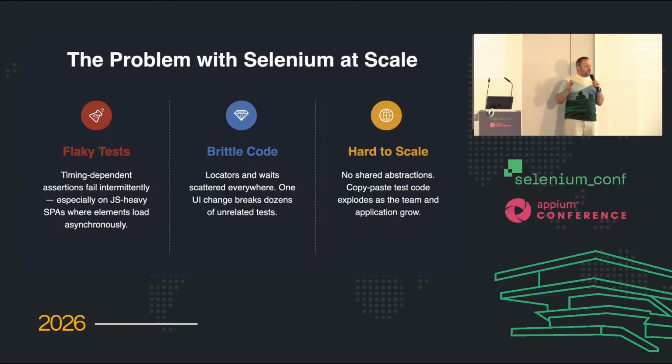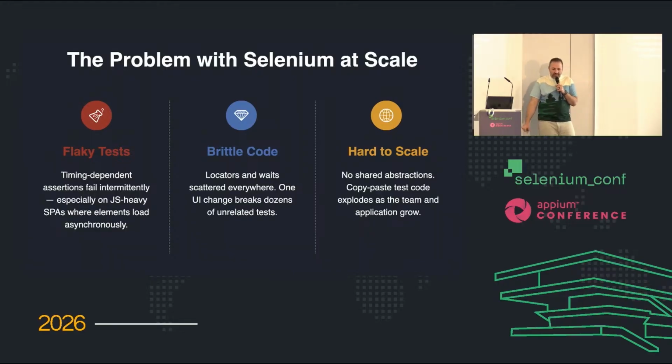Whenever there is JS-heavy stuff, we can have flakiness. The test is passing once, it's failing on CI, the story that everybody knows. Then there's brittle code, whenever the locators are brittle and spread over the framework, and tests become brittle whenever something changes in the locators. 1,000 tests are failing because of a not well-designed architecture.